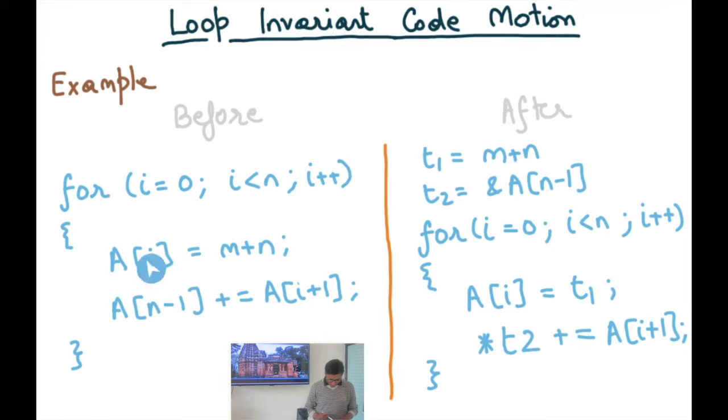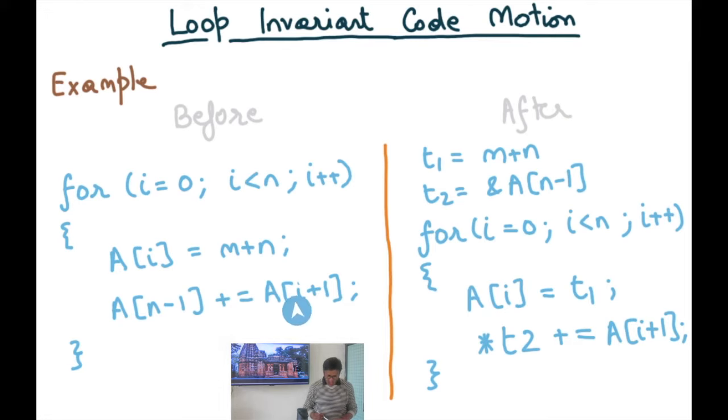Also notice that this particular computation here, which is the address of element i in array a, is not loop invariant because it changes with every iteration, because every iteration has a different value of i, and so the address of a[i] would be a different value in every iteration.